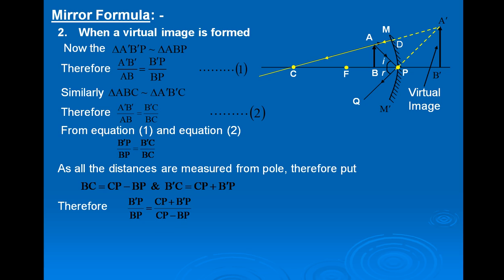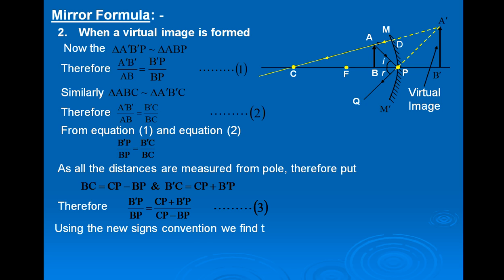Therefore, we get B dash P upon BP is equal to CP plus B dash P upon CP minus BP. Put this equation number 3.